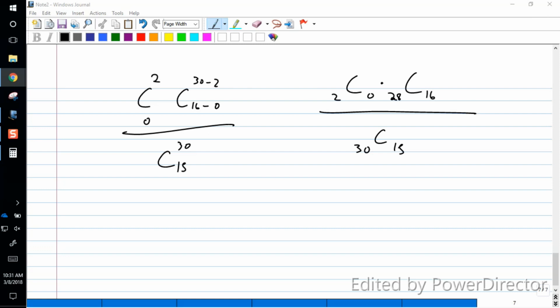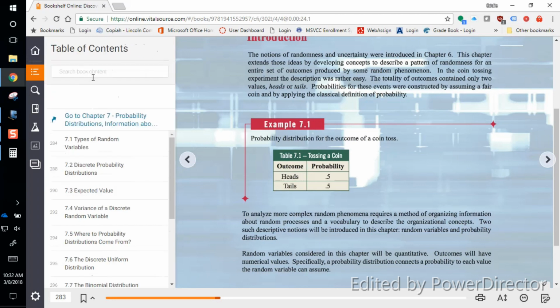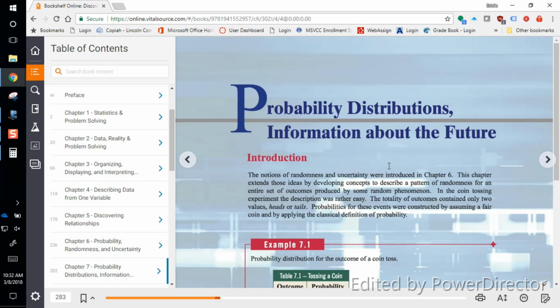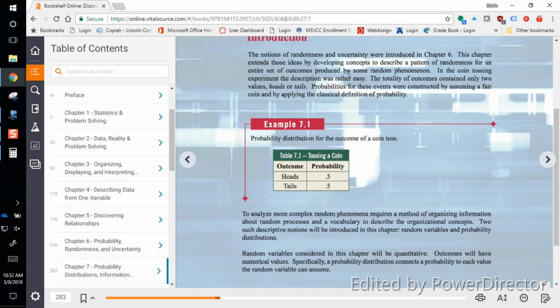I'm going to just read through the chapter problem really quick, because the book will make reference back to this chapter problem lots. So it says, the notations of randomness and uncertainty were introduced in chapter 6. This chapter extends those ideas by developing concepts to describe a pattern of randomness for an entire set of outcomes produced by some random phenomenon.